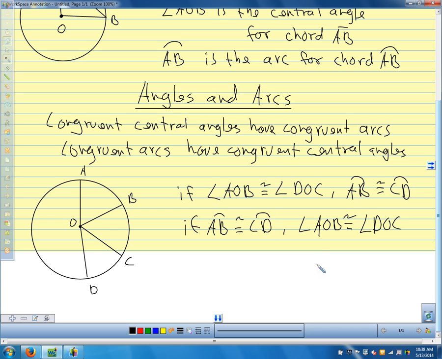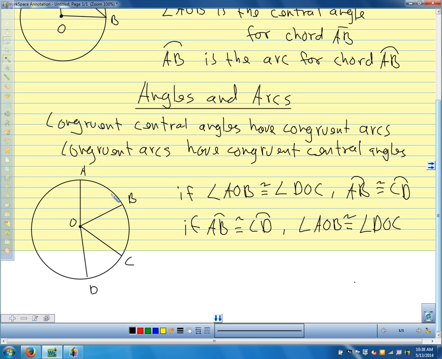All right, so what this is telling us is that if the angles are congruent, then the arcs are congruent. If the arcs are congruent, then the angles are congruent. The angles and the arcs are related. Angles are the same, the arcs are the same. The arcs are the same, the angles are the same.